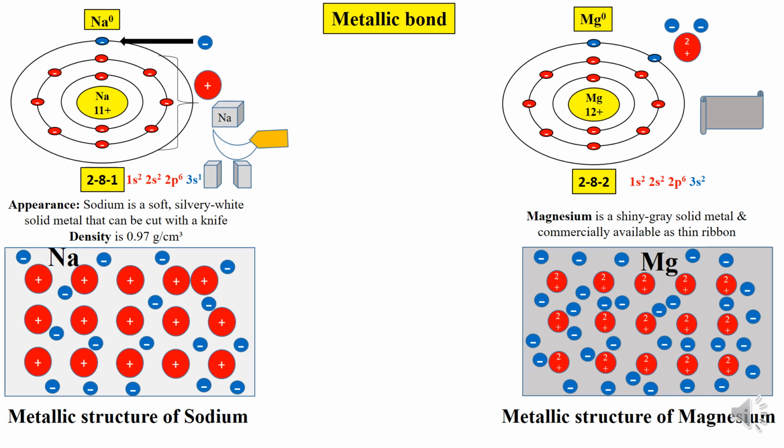So here you can find the size of the metal atom is smaller in magnesium as compared to that of sodium atom. That is because when you compare and contrast the nucleus of sodium and magnesium, you will find that sodium has 11 protons while magnesium has 12 protons. So the number of protons is more in magnesium, and therefore the effective nuclear charge is more.